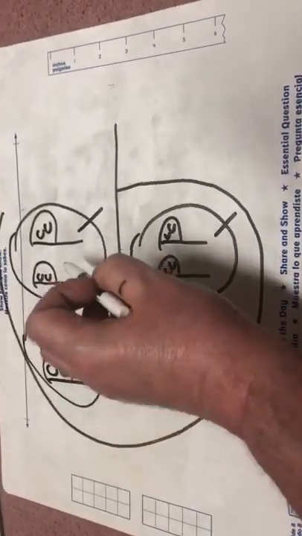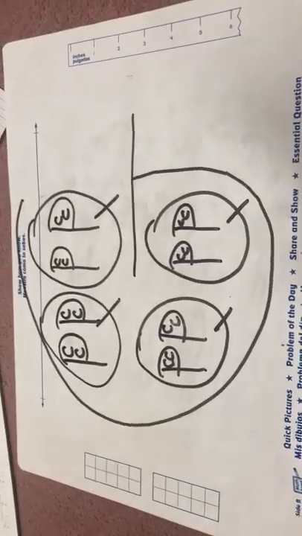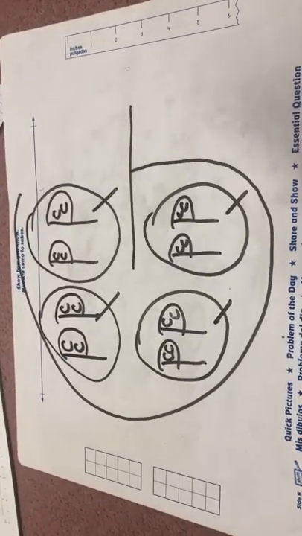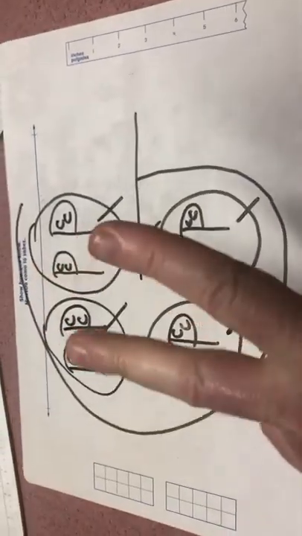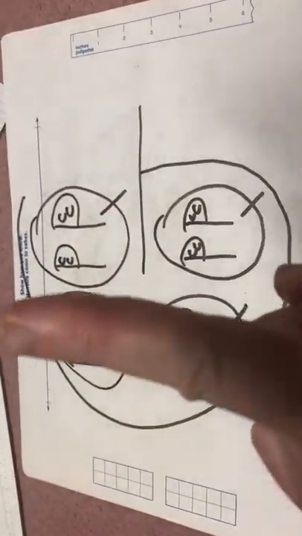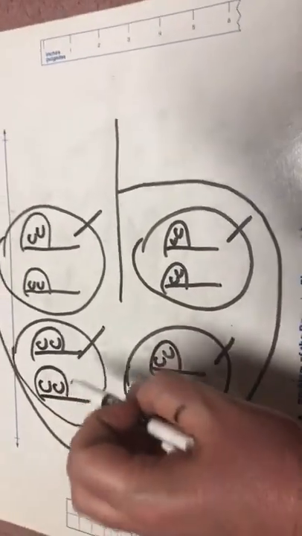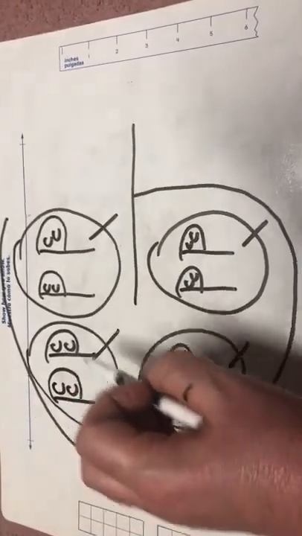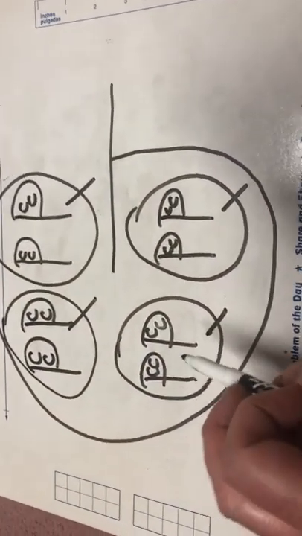That's why we have 1, 2, 3, 4 quarts. Now it takes 2 pints to make 1 quart. So once again, 2 pints make 1 quart, which is why we have 2 P's inside each Q. 2 P's here, 2 P's here, 2 P's here, and 2 P's there.